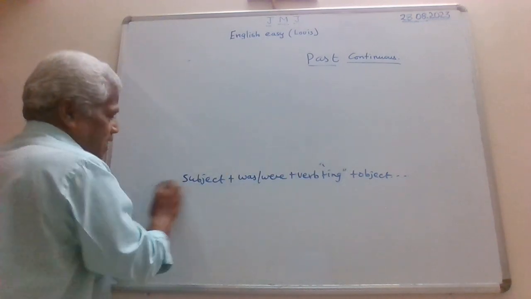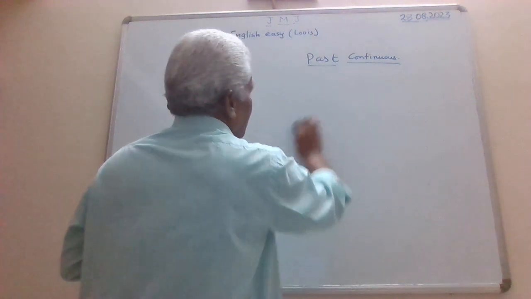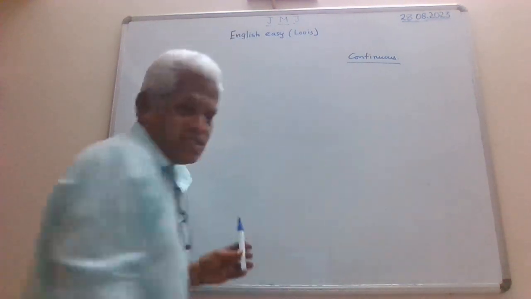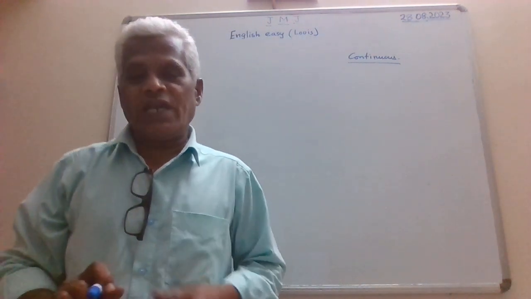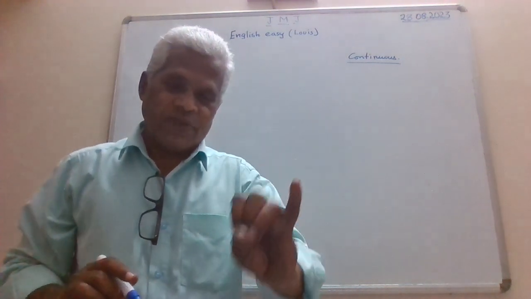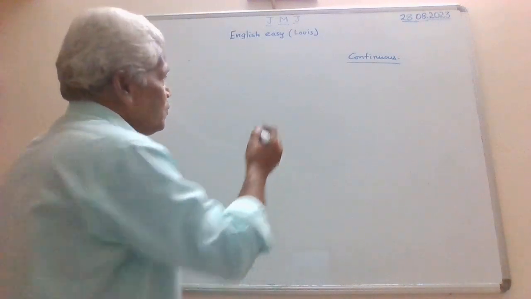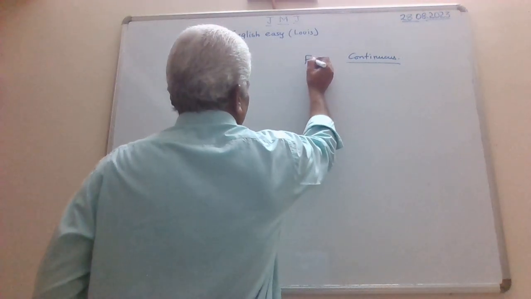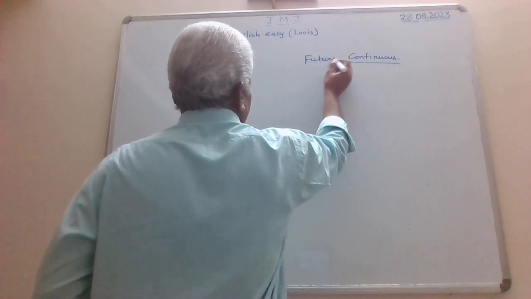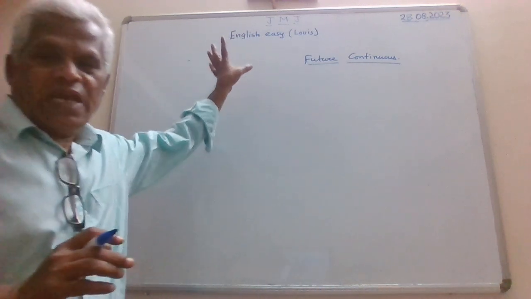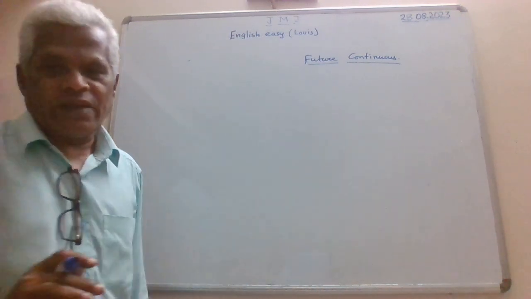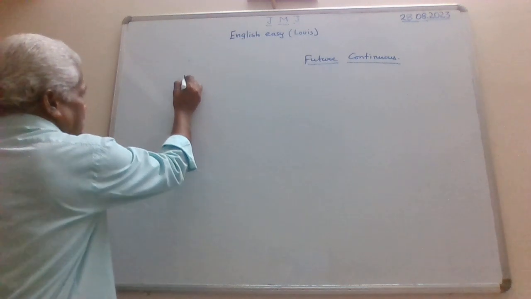Right. What is the next tense that we are going to see? It is future continuous tense. Present continuous is over, past continuous is over. Now we are going to see future continuous tense. I am going to use the same subject, same verb, same object. So let me write that.